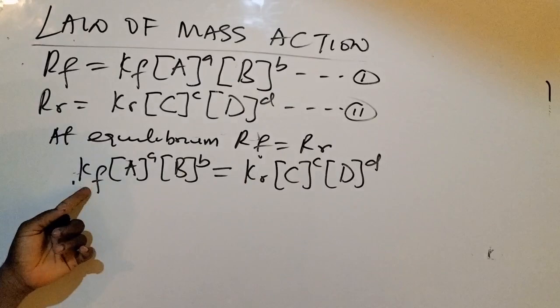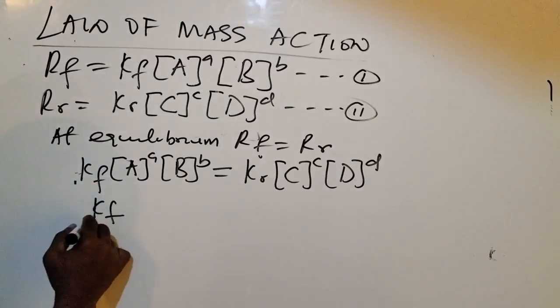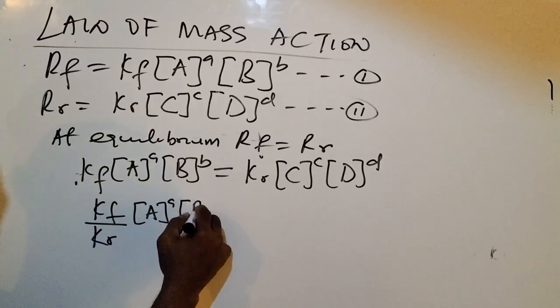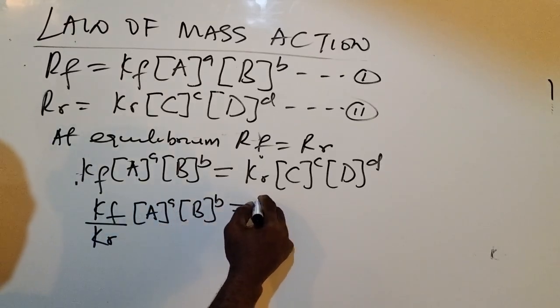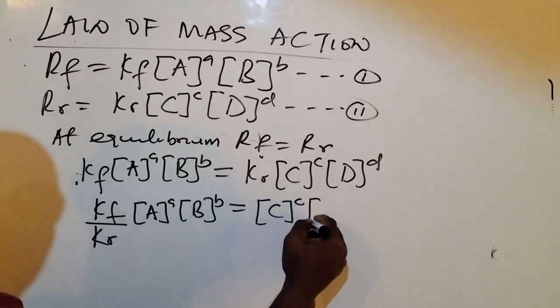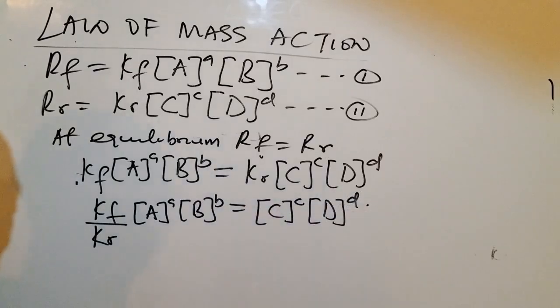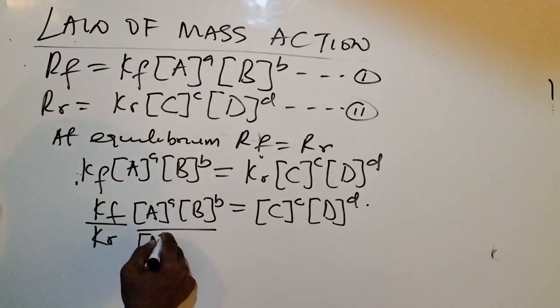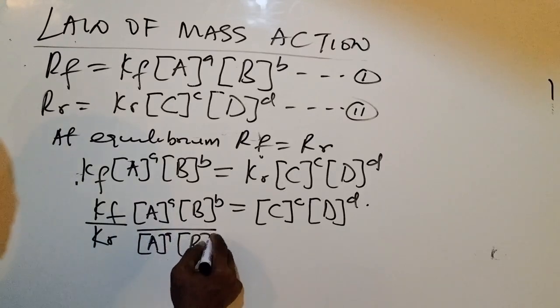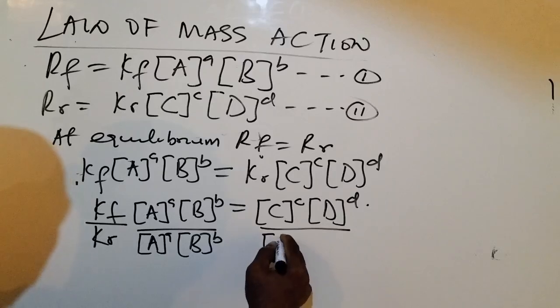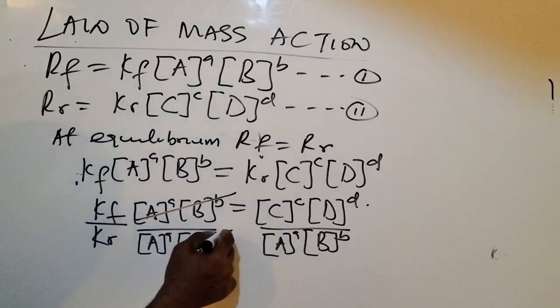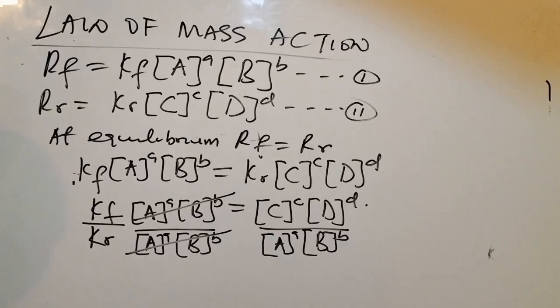If we divide both sides by Kr, I now have Kf over Kr into A to the power a, B to the power b equal to C to the power c, D to the power d. Then divide both sides again by A to the power a, B to the power b. When you have done that, this will cancel out, so you are left with Kf over Kr.